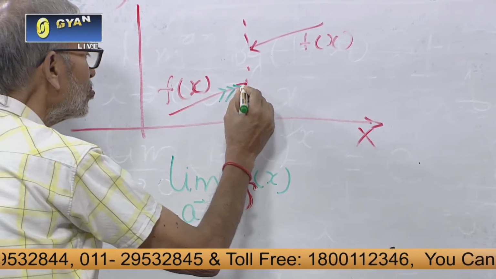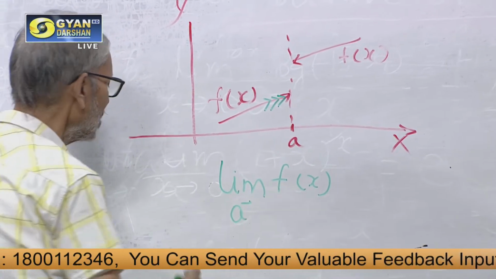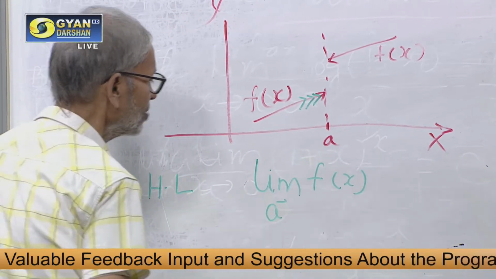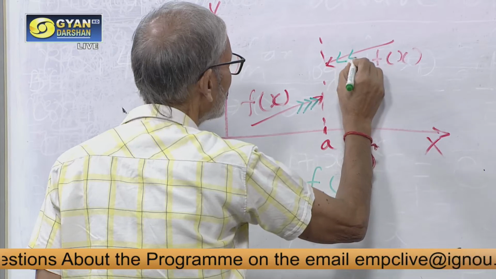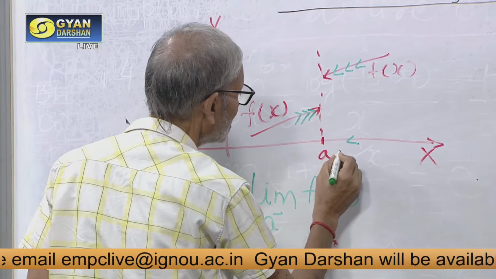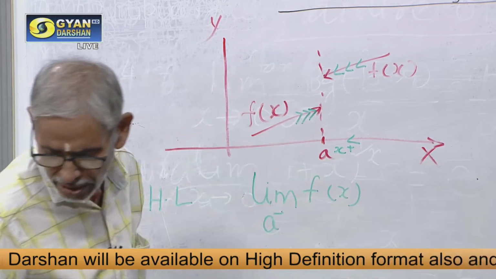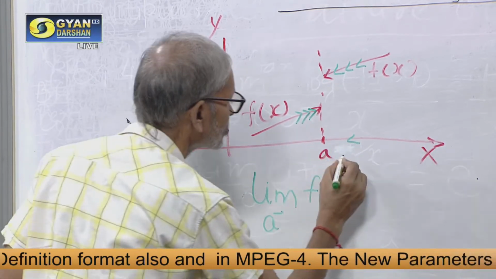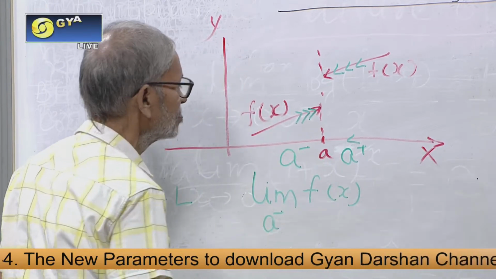So, the value to which it is arriving is called its left hand limit, because we are approaching from left hand. Again, when we approach from the right hand, from this side, that is x plus. Actually, we should say it a plus. This is a plus, this is a minus.